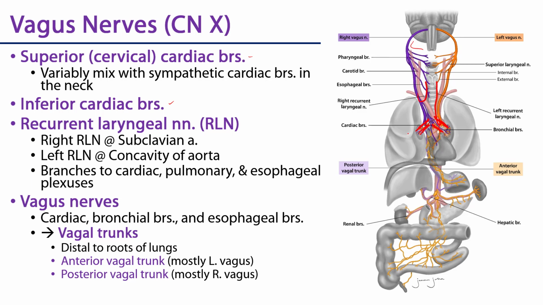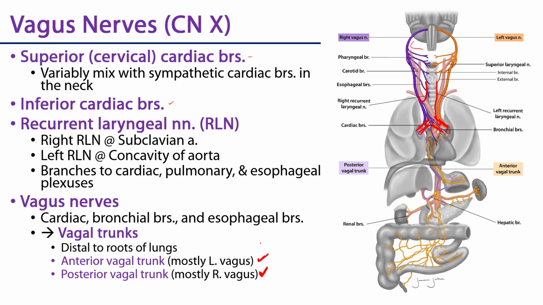The left vagus nerve is going to assume more of an anterior orientation. The right vagus nerve assumes more of a posterior orientation. And they will then be known as the vagal trunks. Now, the vagal trunks aren't exclusively left versus right. There are some fibers of each nerve in each trunk, but predominantly the left vagus nerve, most of its fibers become the anterior vagal trunk.